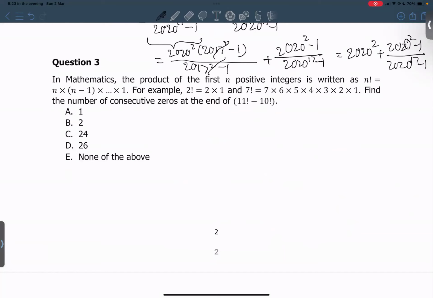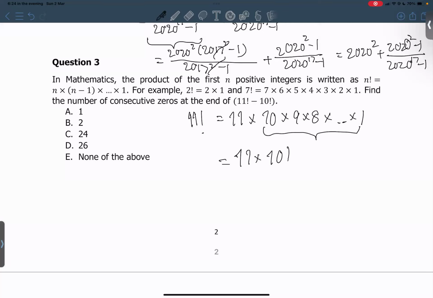From the example they give you, you can conclude that 11 factorial is 11 times 10 times 9 times 8 till 1. But 10 times 9 times 8 till 1 you can replace with 10 factorial, so 11 factorial is 11 times 10 factorial.